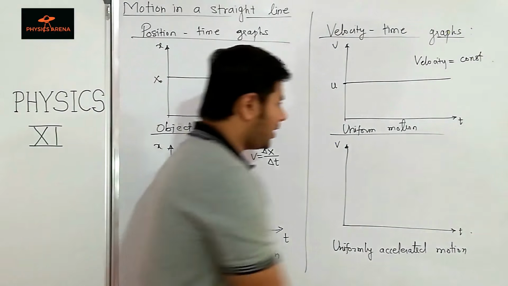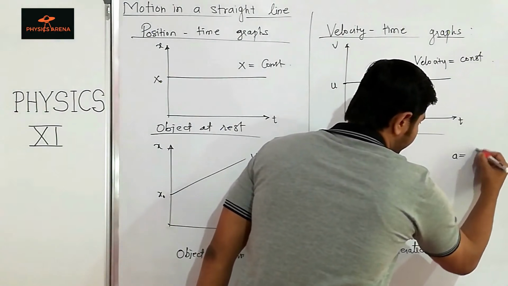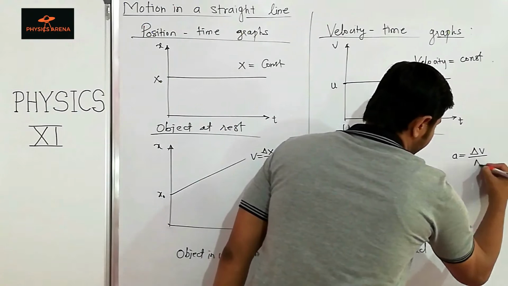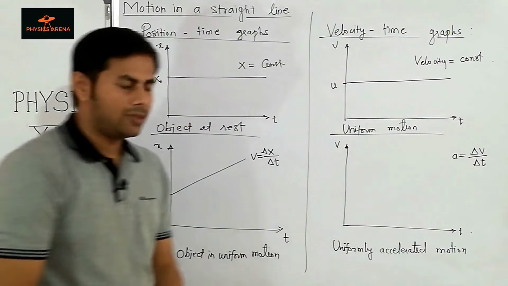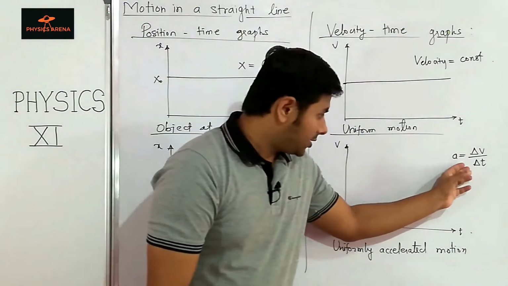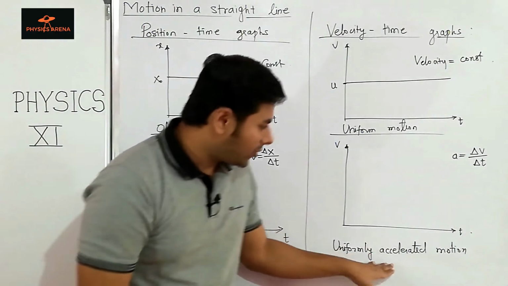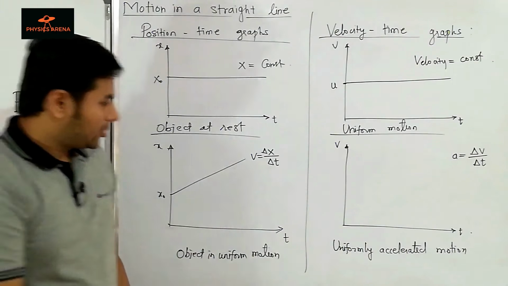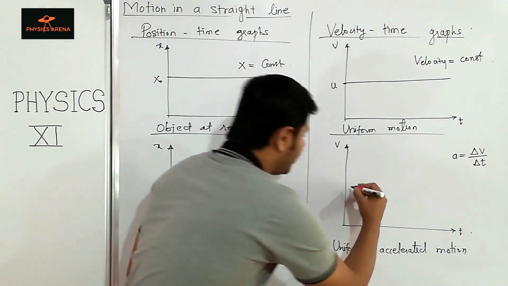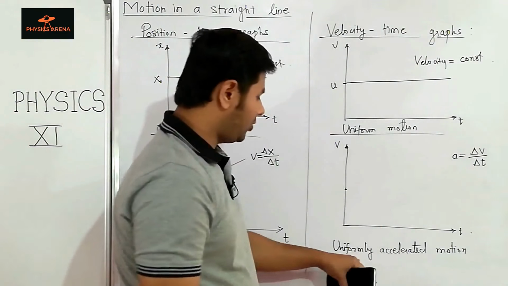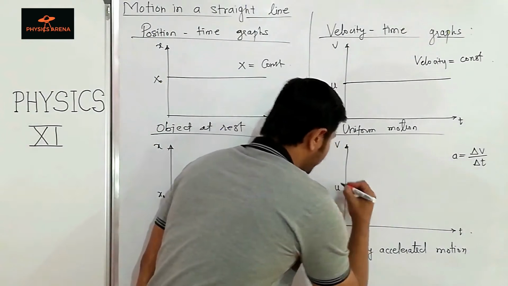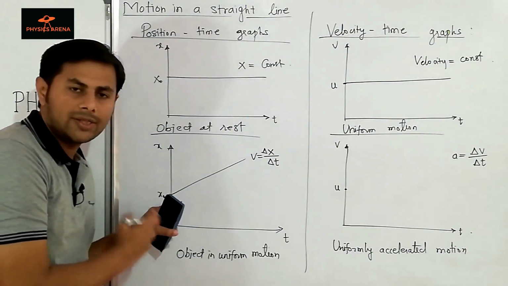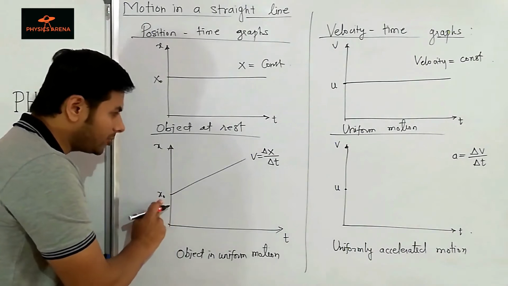Similarly, I can write acceleration is equal to change in velocity divided by change in time. And this is the case of uniformly accelerated motion. This was the case of uniform velocity. So by analogy, I can plot a graph for uniformly accelerated motion. It will start from this velocity, just like this graph started with the starting position.